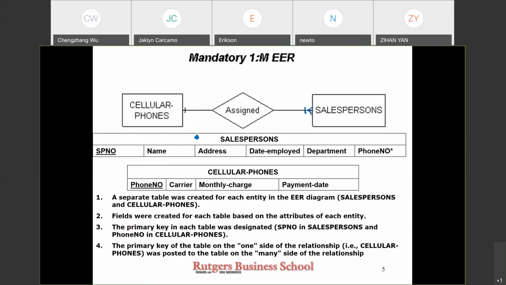So we create two tables, one each for cell phone and salespersons. And we post the primary key of cell phone as the foreign key to salesperson's table.